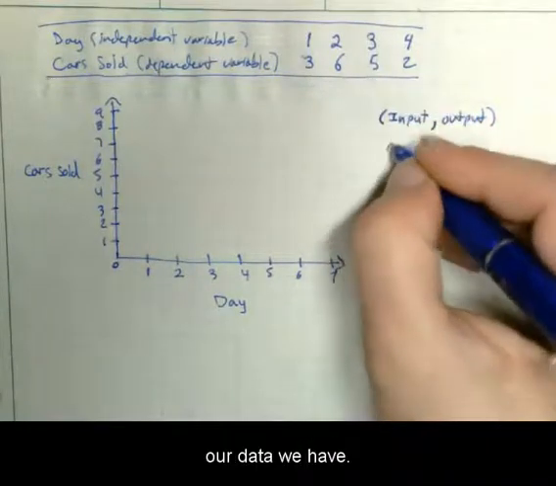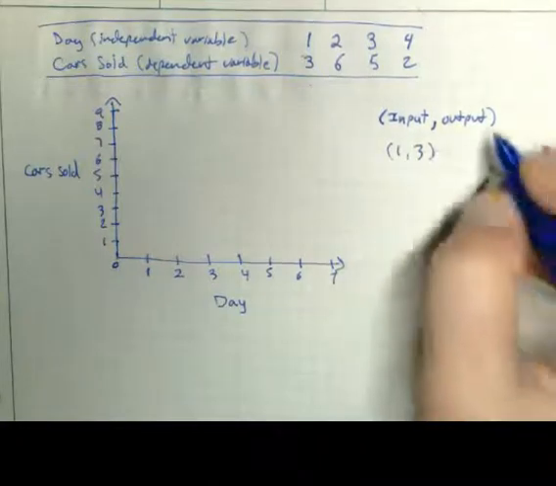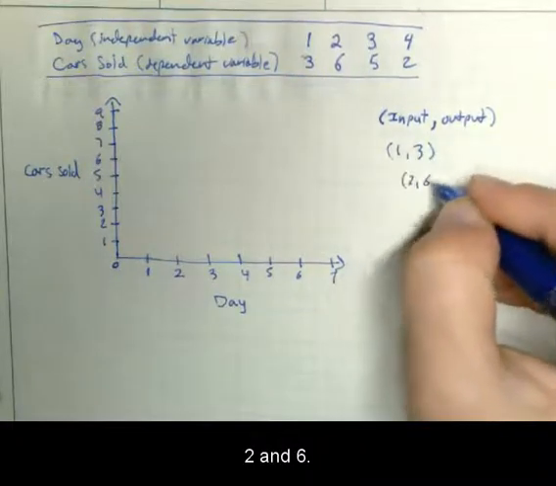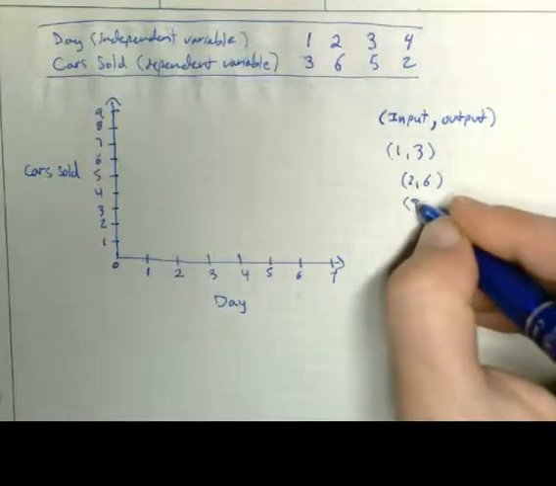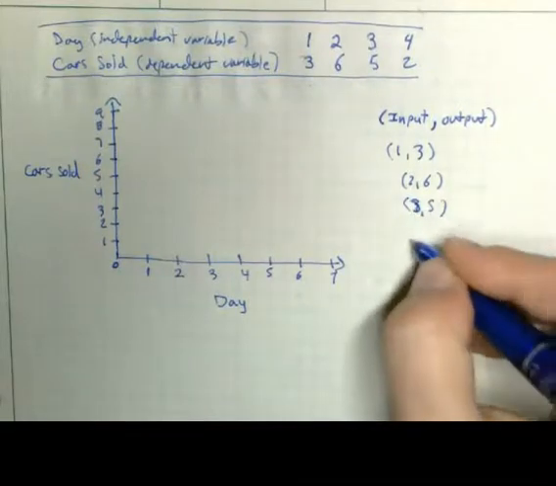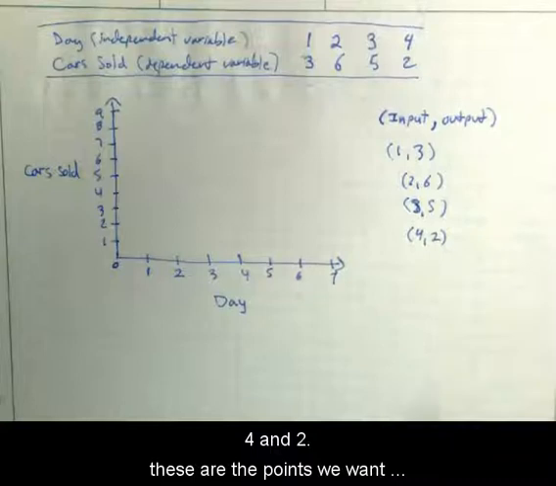So with our data we have 1 and 3, 2 and 6, 3 and 5, and 4 and 2. So these are the points we want to plot.